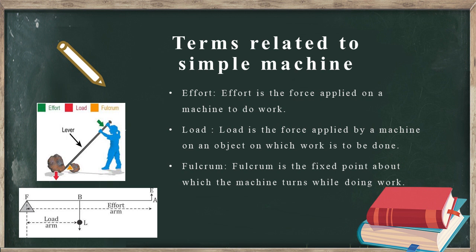What is load? Load is the force applied by a machine on an object on which the work is to be done. Load will be denoted by L. Fulcrum. A machine can turn about a fixed point called fulcrum. So fulcrum is the fixed point and it will be denoted by F.